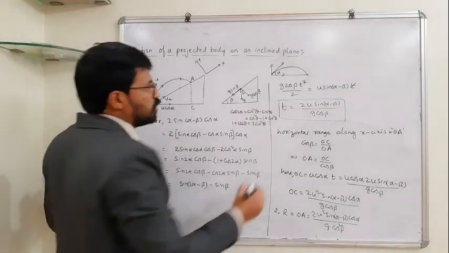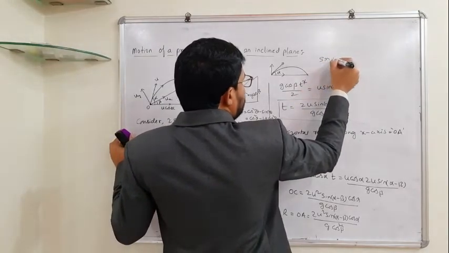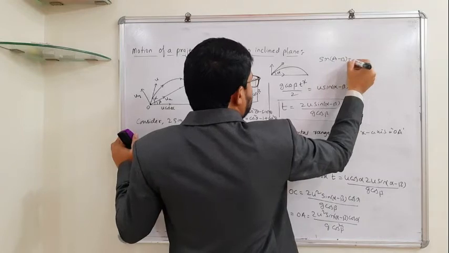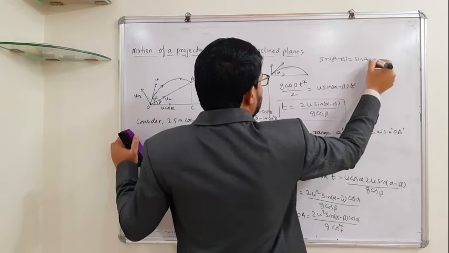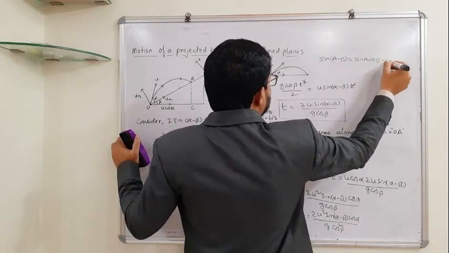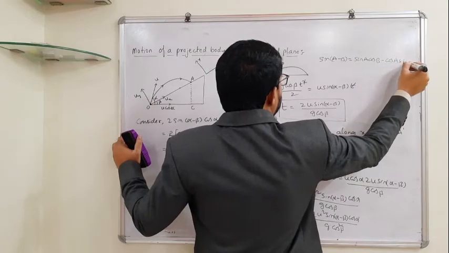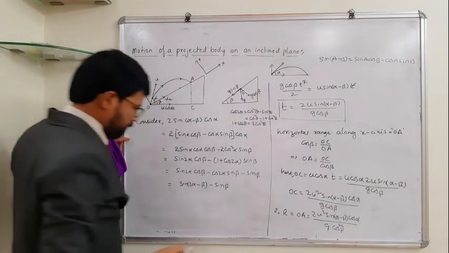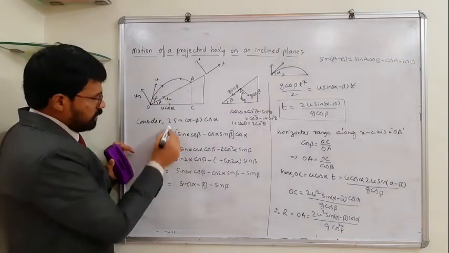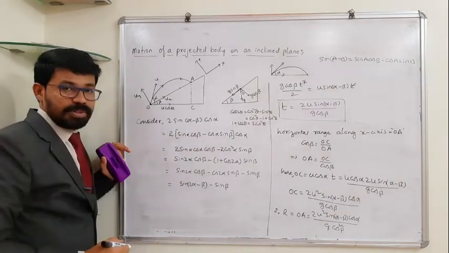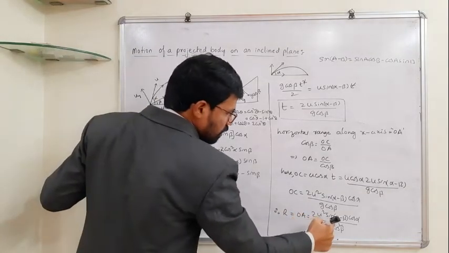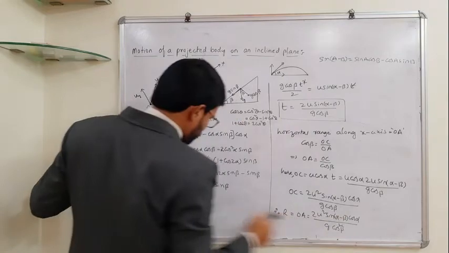I want you to remember this one. Sin A minus B is expressed as sin A cos B minus cos A sin B. Okay, this is equal to 2 sin alpha minus beta into cos alpha. So let us replace this 2 sin alpha minus beta into cos alpha with this one.